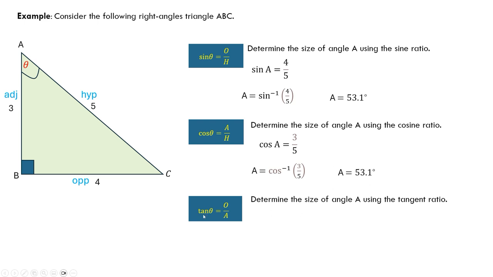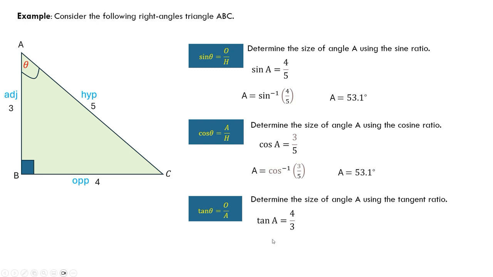And lastly, we have the tan ratio, which asks for the opposite over the adjacent. So the tan of A will equal the opposite 4 over adjacent 3. Tan A equals 4 over 3.